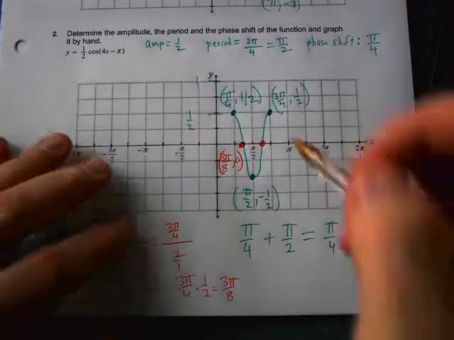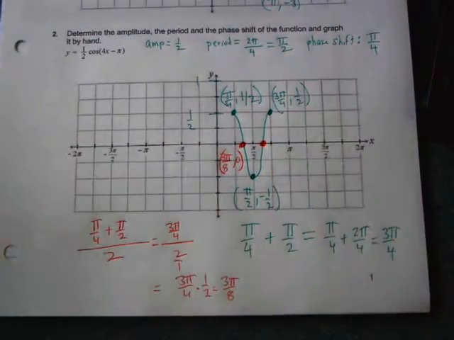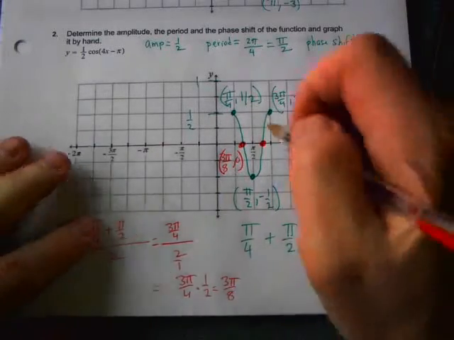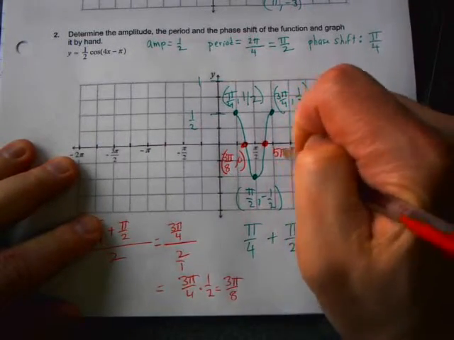One more to go. That one right there. Five pi over 8. Excellent. 5 pi over 8, comma 0.